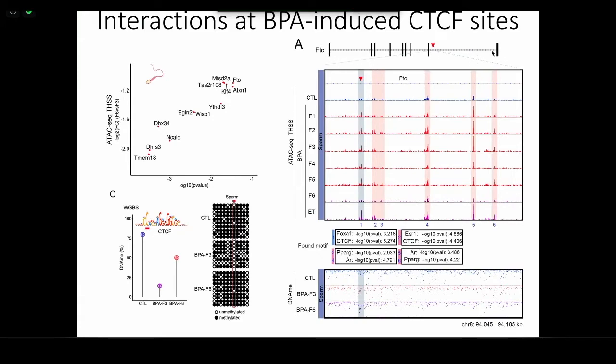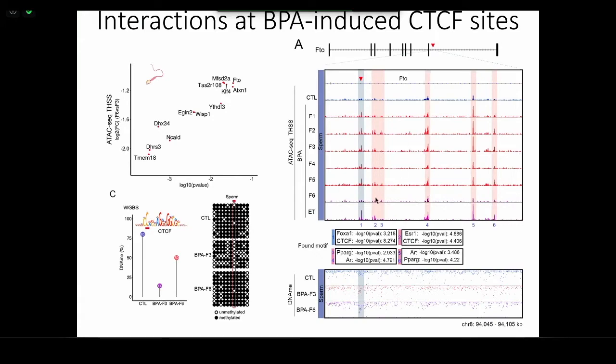So this is the FTO gene. As you know, FTO is the gene that has been best associated with obesity in humans, because SNPs in the FTO introns, which are full of transcription factor binding sites and enhancers, are associated with obesity in humans.